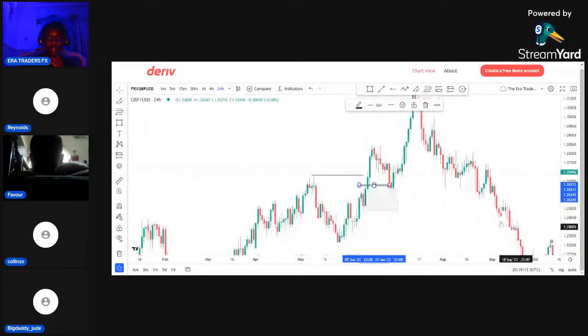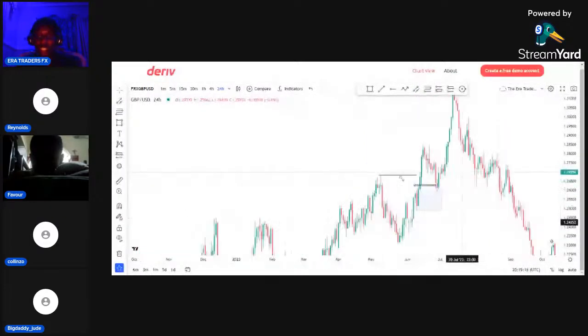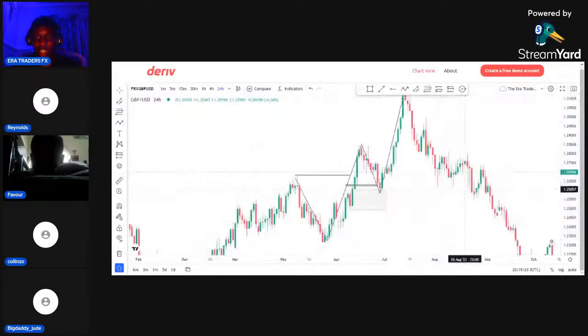I'm saying a lot of things here, but this is it. We saw that shift to the upside, and it came down into that demand zone and went up. Boom. Can you see that?